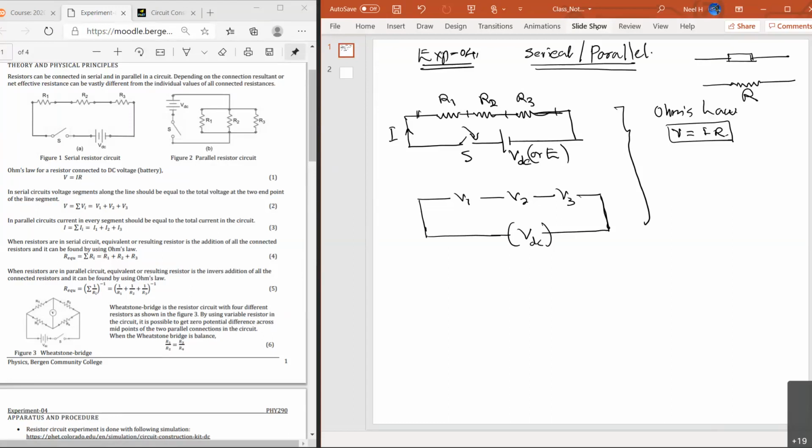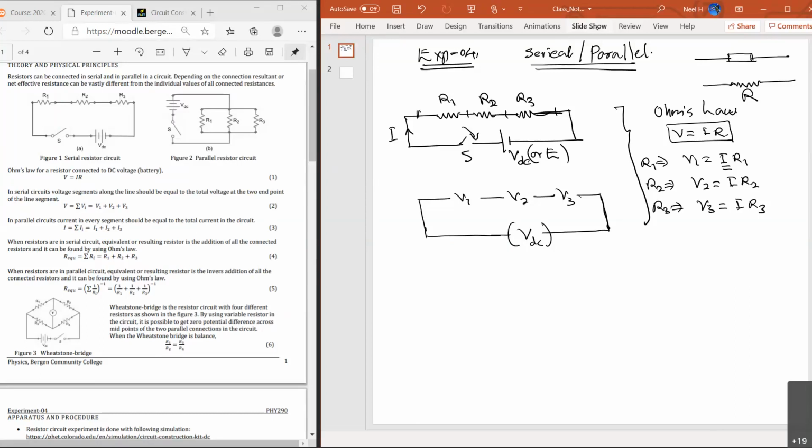So we can apply Ohm's law to each of these resistor components. If you apply it separately for resistor 1, that will give you V1 equals I times R1. Current is the same through every component. If you apply it for R2, V2 equals I times R2. If you apply it for R3, V3 equals I times R3.